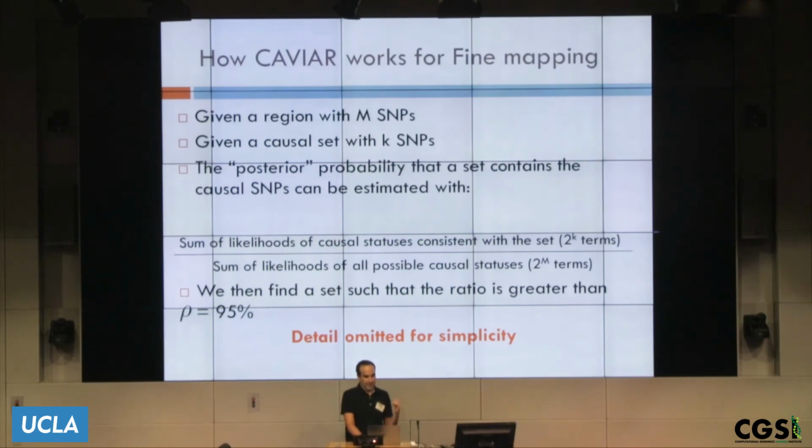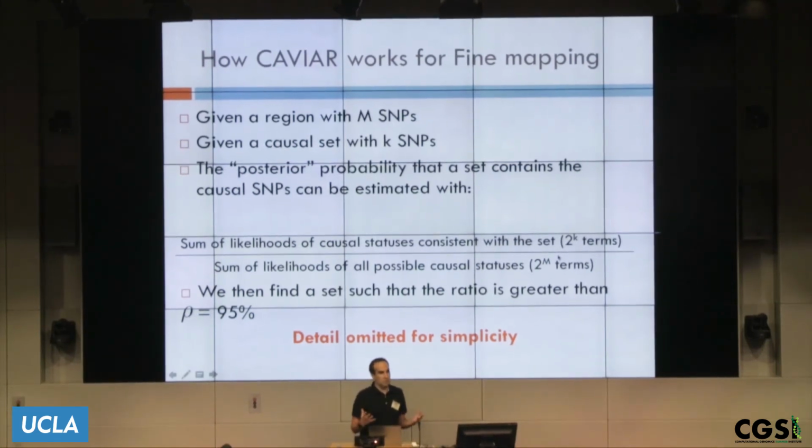Essentially, this posterior probability is the sum of the likelihoods of the terms that are consistent with the 2 to the k configurations in the set, divided by the sum of the likelihoods of the 2 to the m. So the intuition is that if this is high, really close to 1, what does that tell you? It tells you that the majority of the likelihood is dominated by these configurations, so it's probably one of them.